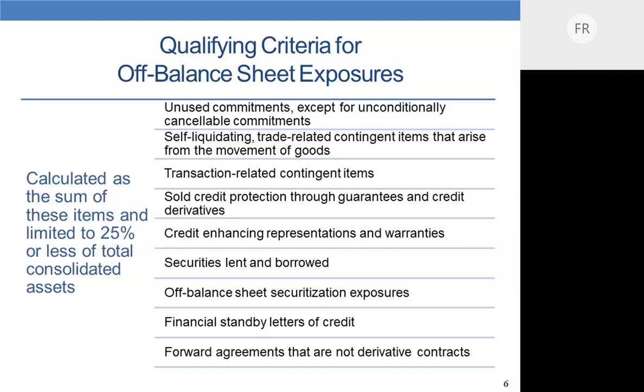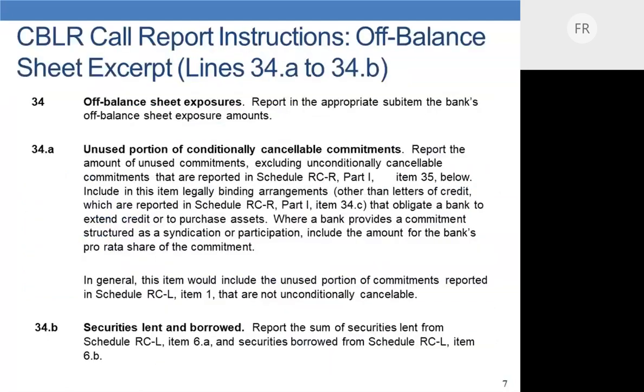So we've received lots of questions about the off-balance sheet qualifying criteria. What we thought would be helpful is to walk through the call report instructions that are currently posted on the FDIC website to calculate the off-balance sheet criteria. Note that the CBLR calculation and the qualifying criteria will be included in an updated Schedule RCR.